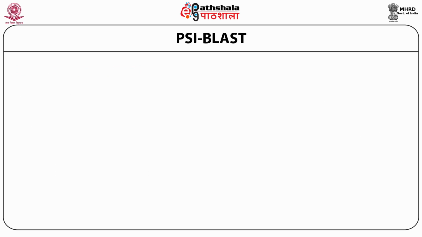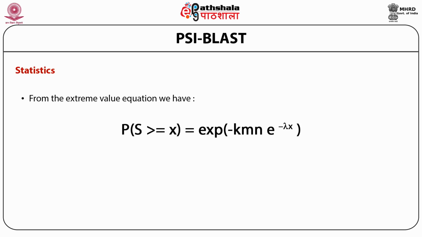To understand how the PSI-BLAST statistics are generated, we go back to the probability distribution of BLAST hits, which as we had seen before is given by the extreme value equation, e to the power minus K m e to the power minus lambda x.